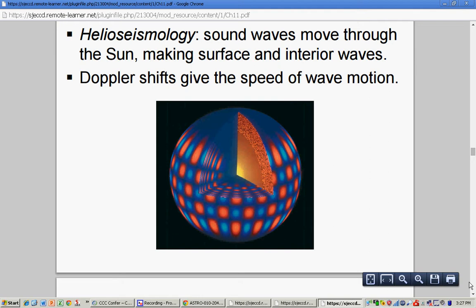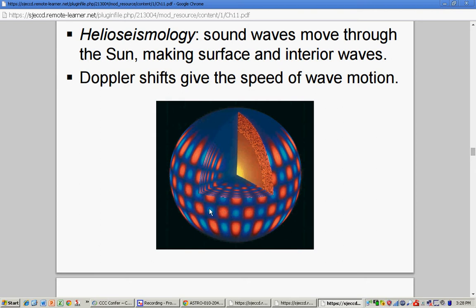So again, we do not directly observe the solar interior, but what astronomers found by doing detailed, high-resolution observations of the solar atmosphere, especially using the Doppler effect, is that the surfaces of stars pulsate in multi-mode ways.